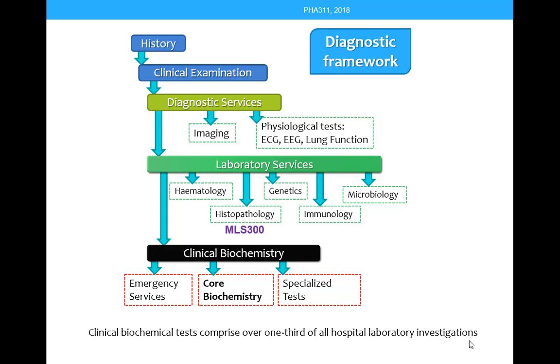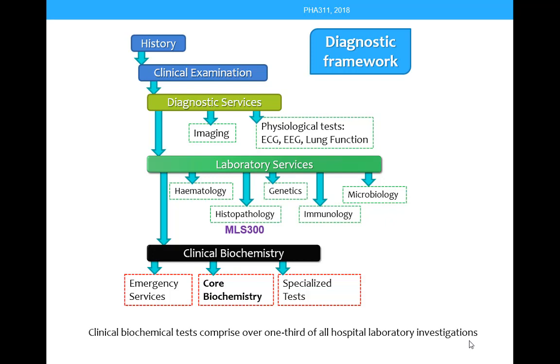Okay? And plus there are emergency services, because sometimes you need the result very quickly, because the management of the patient will depend upon the result. So you have these three types of setup of clinical biochemistry labs: core lab, specialized lab, and emergency lab.